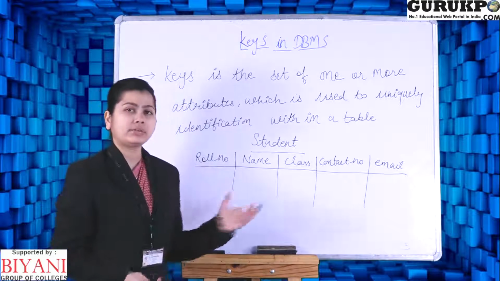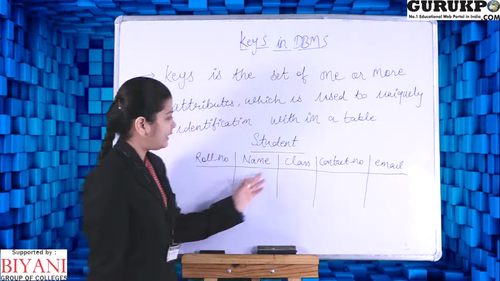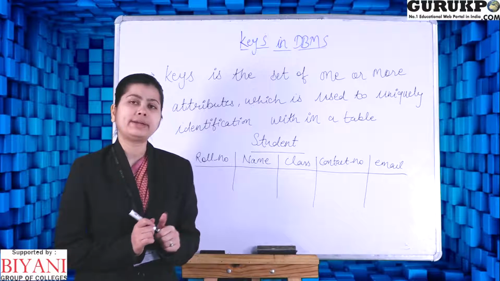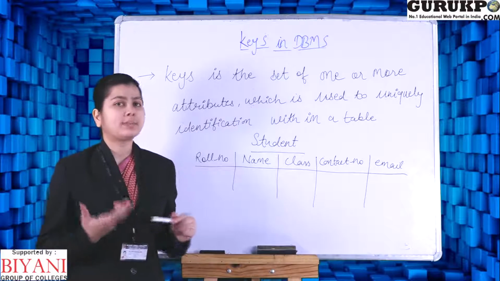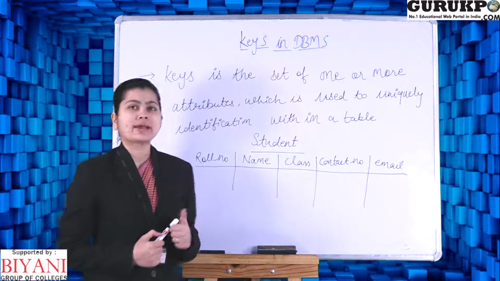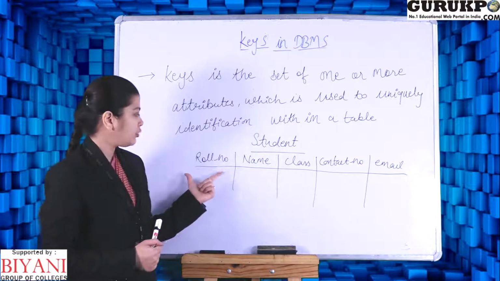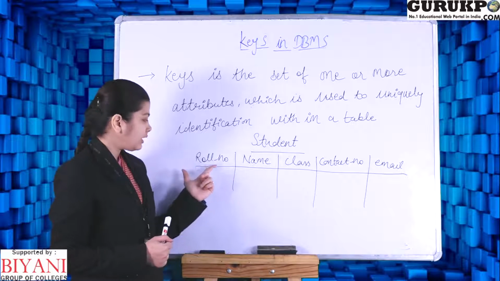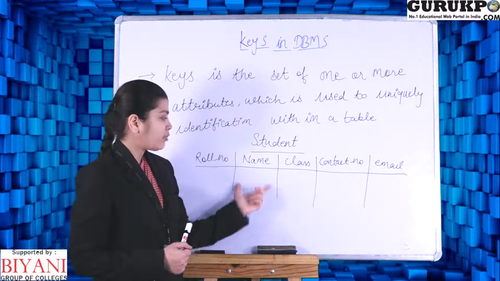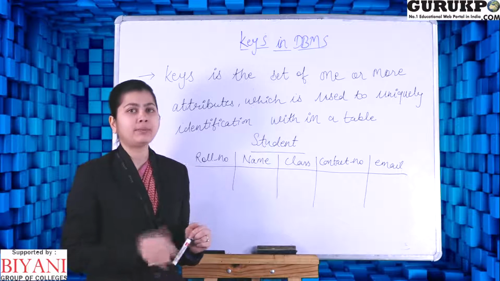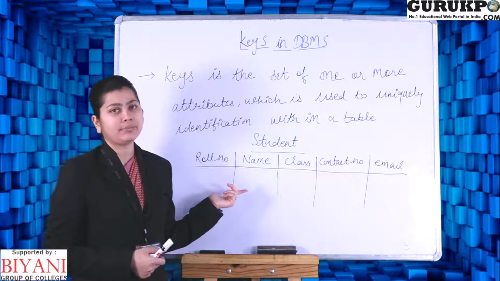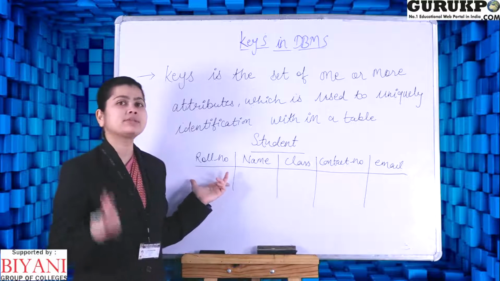Here is the schema of the table student: roll number, name, class, contact number and email. These are the columns of a student table. If we want to access particular data from the student table, we use the roll number column, because in the student table the value of roll number in each tuple is unique, whereas names of students may be repeated. Maybe two or three students have the same name, but the roll number is never the same, because the roll number of every student is different.